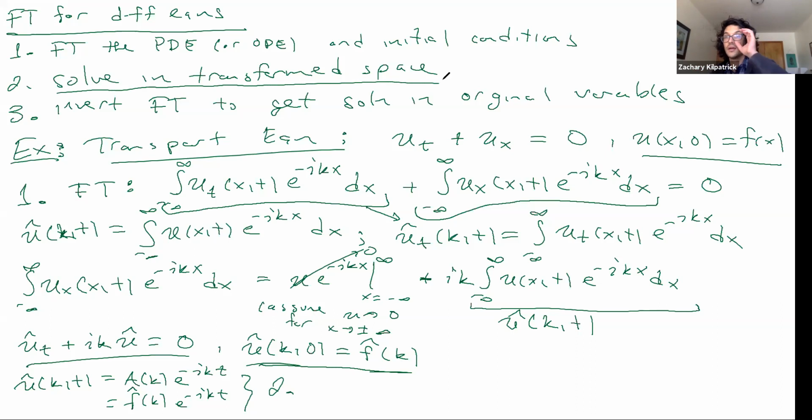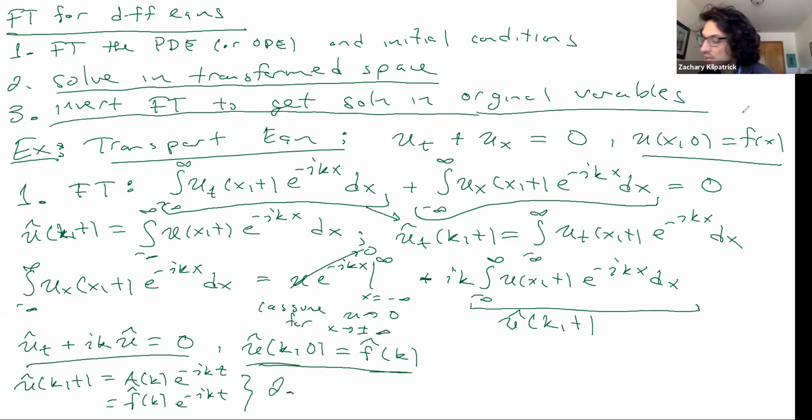Now we have to do step 3, which is to invert this to get our solution back. You can always try to compute these integrals by hand, but the advantage of Fourier transforms typically is that you have a lookup table where you can figure out how to convert this back to functions in the x domain.